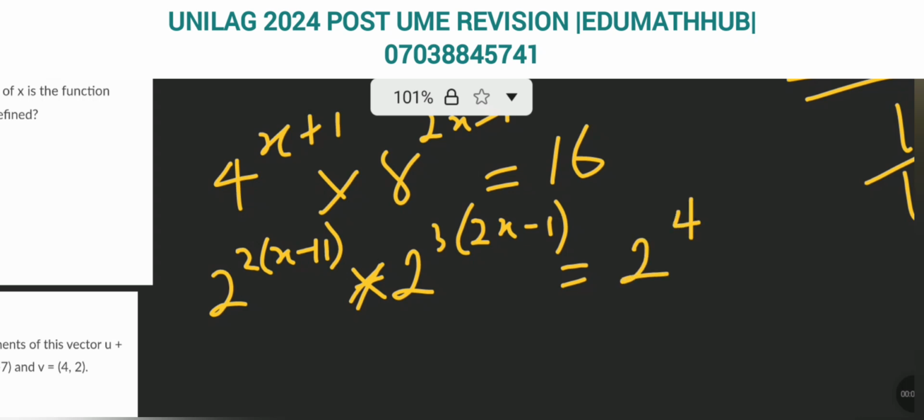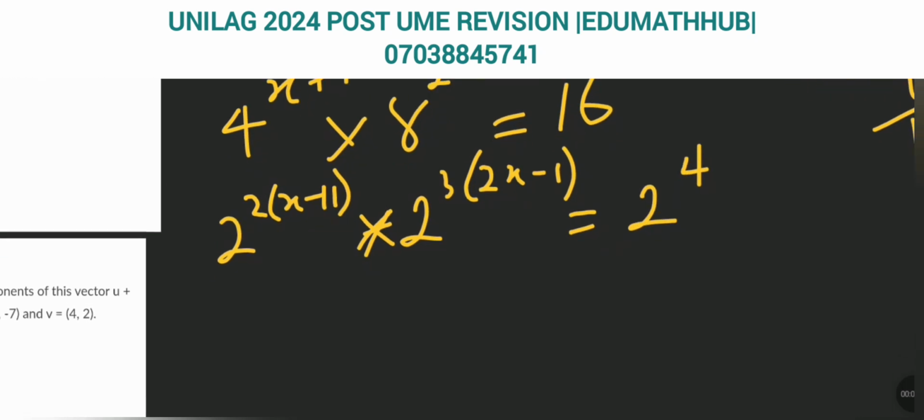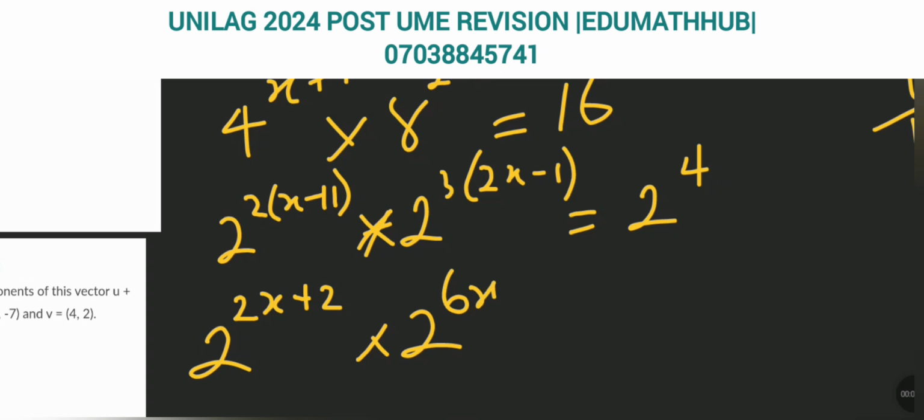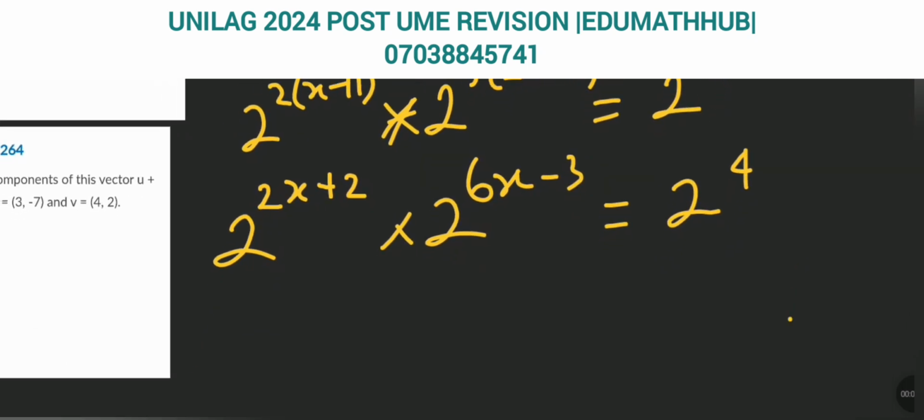Okay, now from this part you expand the bracket at the top. So you are going to have 2 raised to the power 2x plus 2 at this particular point. Then 2 raised to the power 6x minus 3 equals 2 raised to the power 4. Then at this point, since you have a common base, 2, the next thing to do is just to add the powers, because in indices, times is plus.